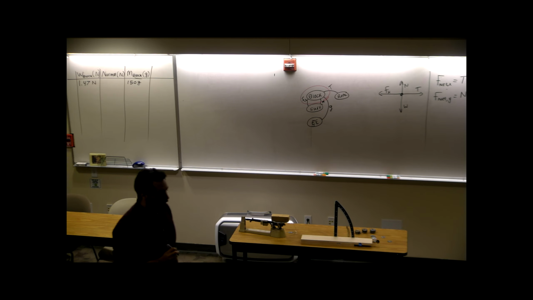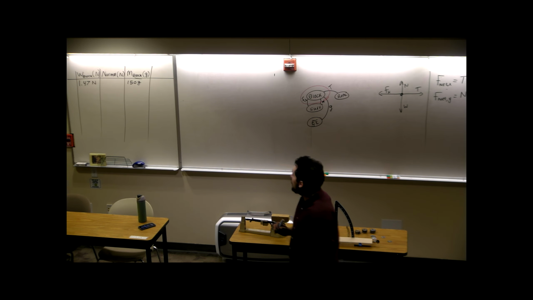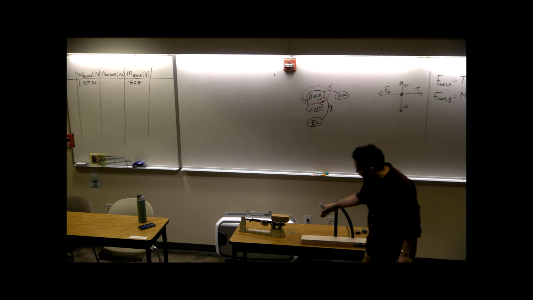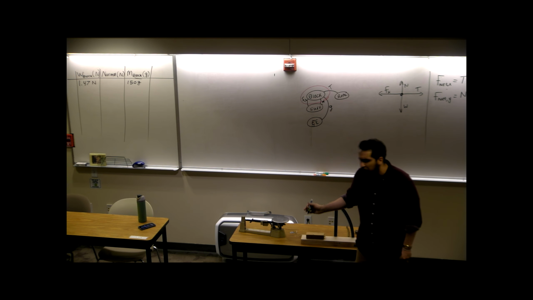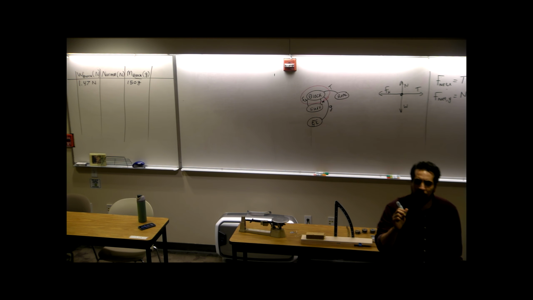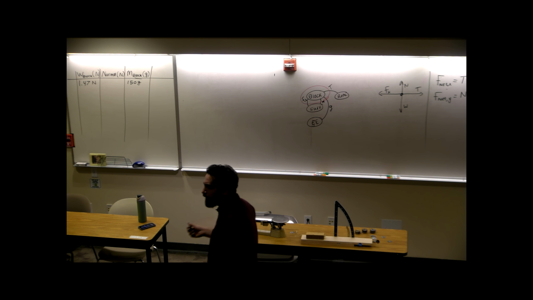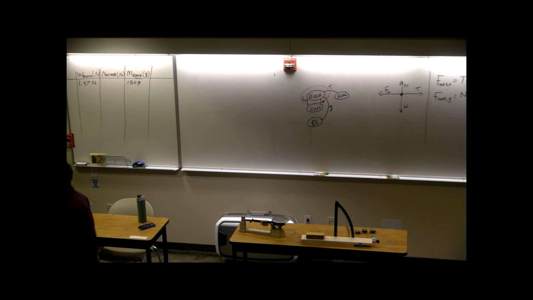1.47 newtons. Okay. Then we ask the question, well, under this circumstance, we have our block on our surface. We pull it across. We ask, what is the normal force? Well, here it's easy. Because we look at our block, and if we pull it left and right, is it accelerating up and down at all?